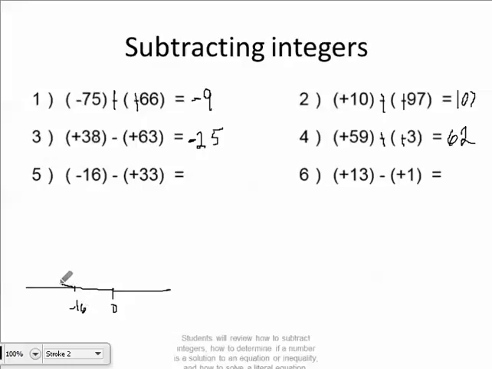That means I'm going to be going this way. Okay, that means it's going to get more negative. So I'm going to add them together there and get 49. And I know it's more negative, so it's going to be a negative 49. Okay? 13 minus a 1, well, that's easy, 12. Okay? Hopefully this little review on how to subtract integers helped you a little bit understand what's going on there.